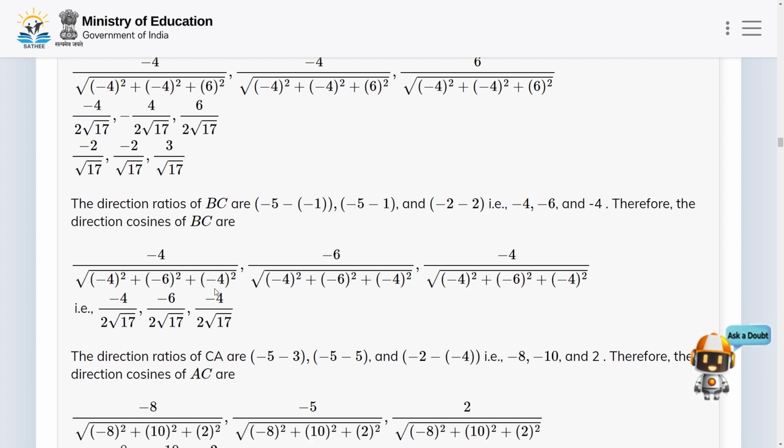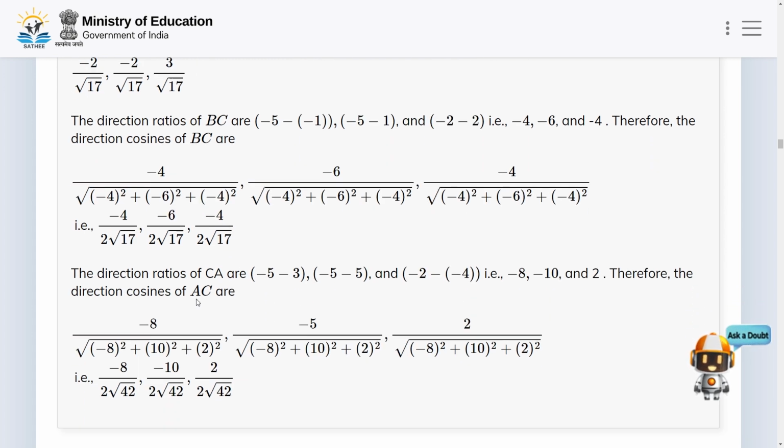The denominator will be 2 root 17. The numerator will be -4. For m, it will be -6 by 2 root 17. For n, it will be -4 by 2 root 17. Simplify, and you will get the simplified version.